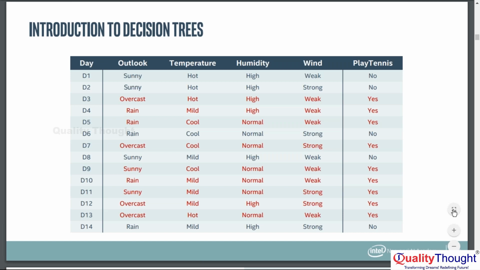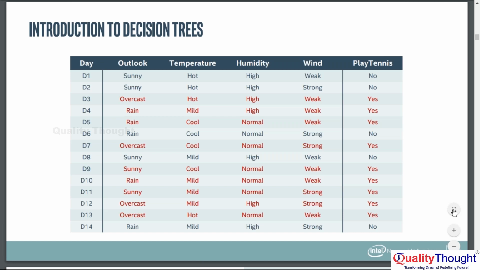Next, outlook is overcast. Overcast means it is more than sunny, and it is hot, humidity high, wind weak, but still the answer was yes. So we need to try to understand the kind of data given over here.